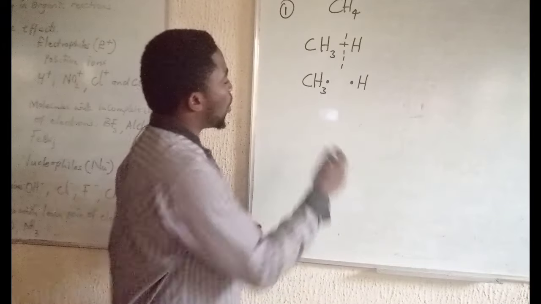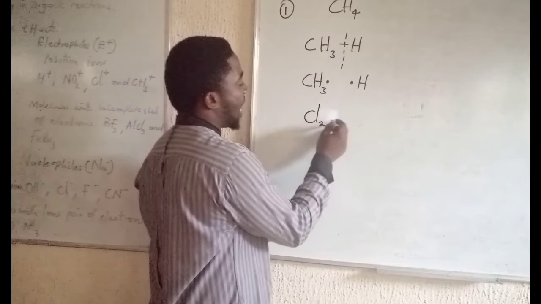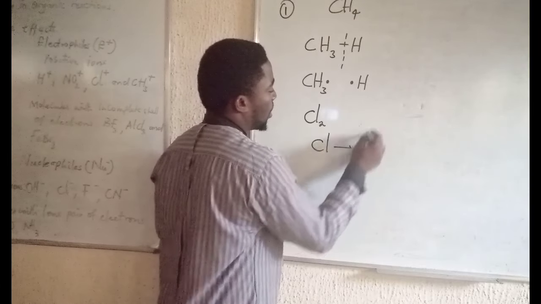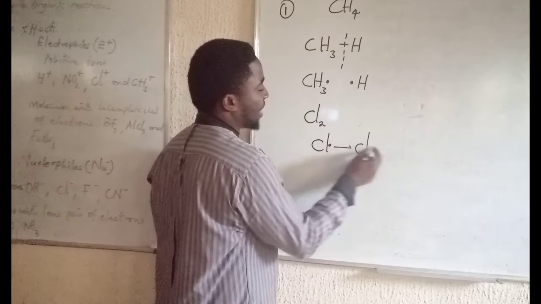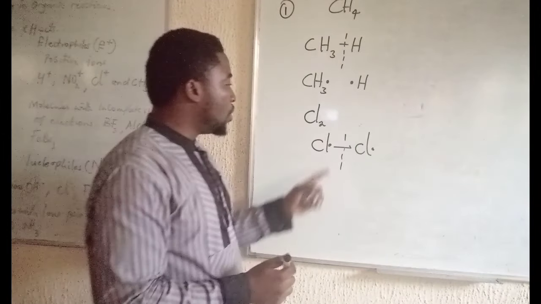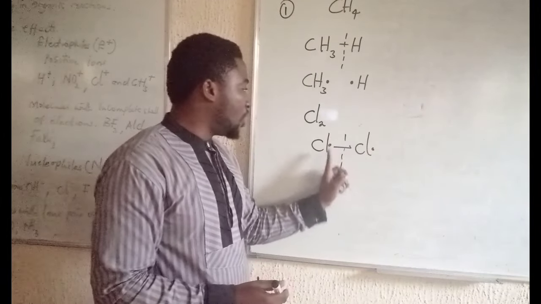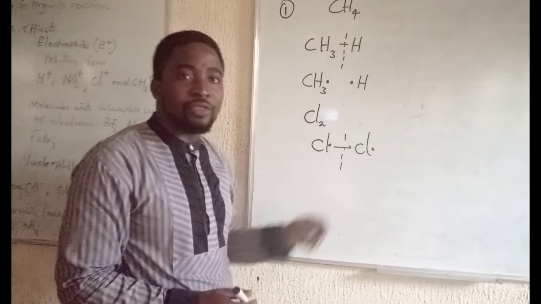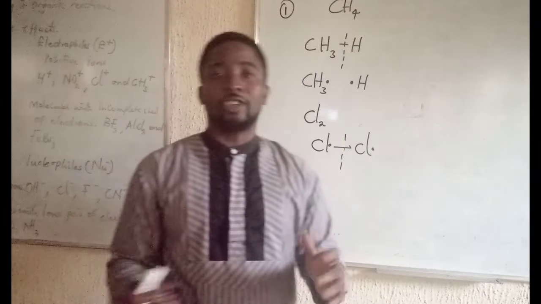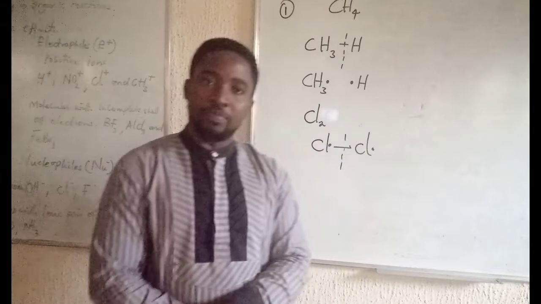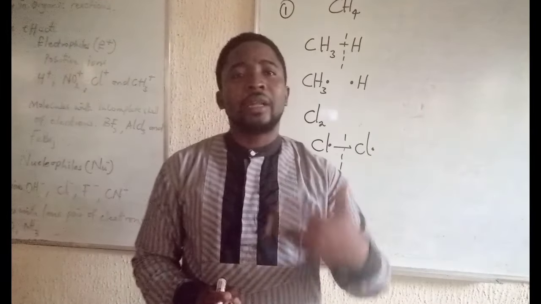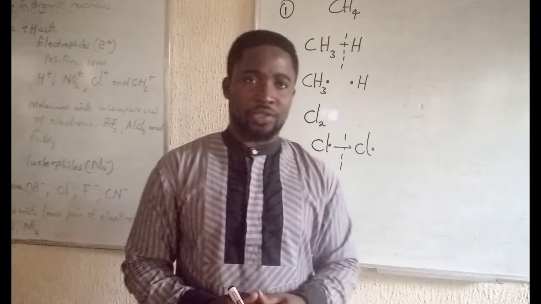Also, a chlorine molecule can disintegrate to form two chlorine atoms when this bond here is broken. The bond will result in the sharing of the bonded electrons evenly between the participating atoms involved in the bonding process.